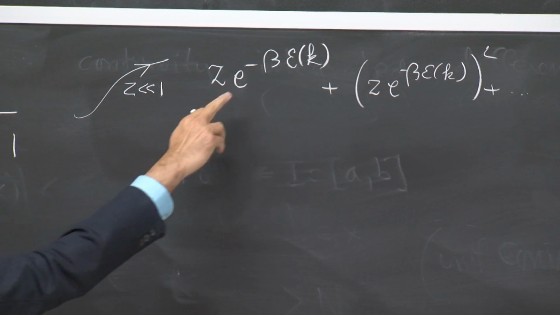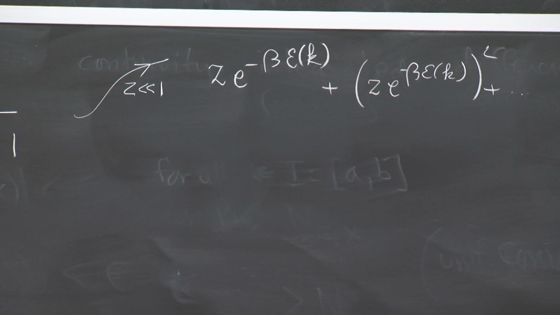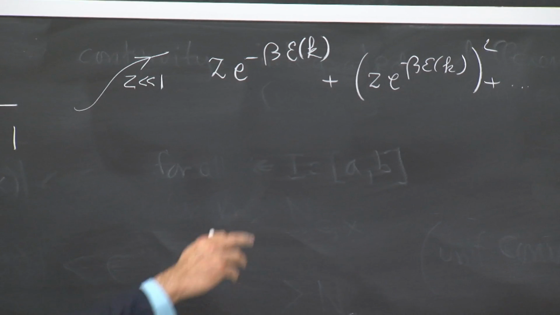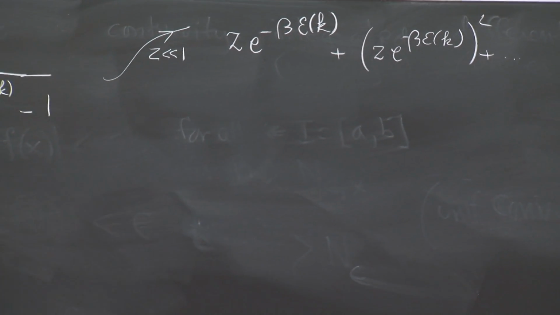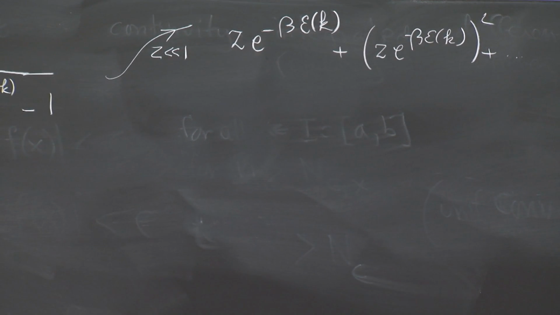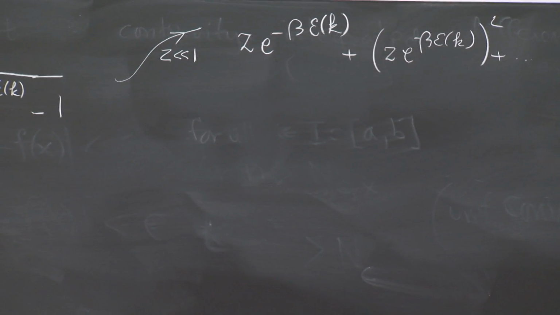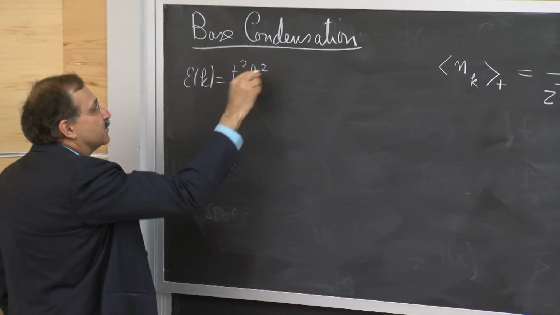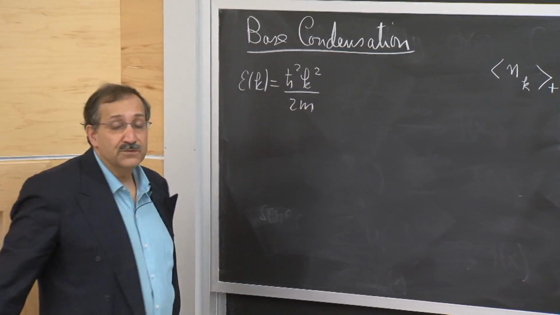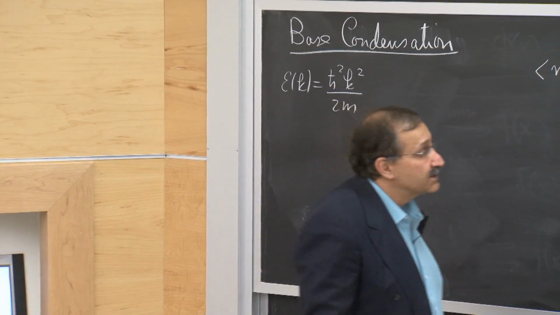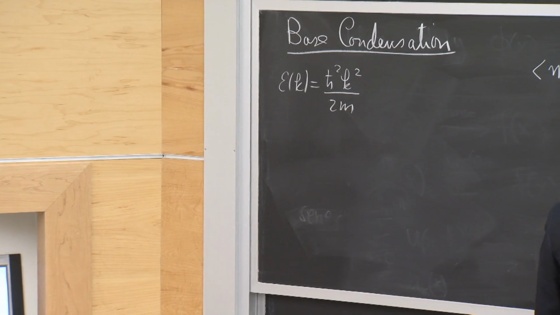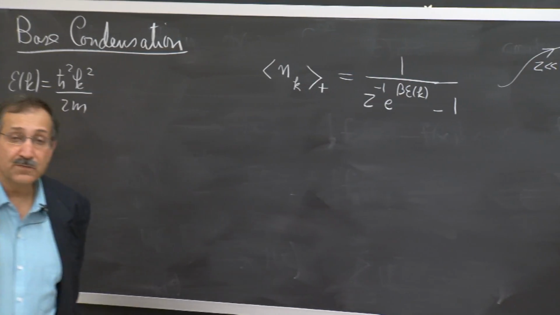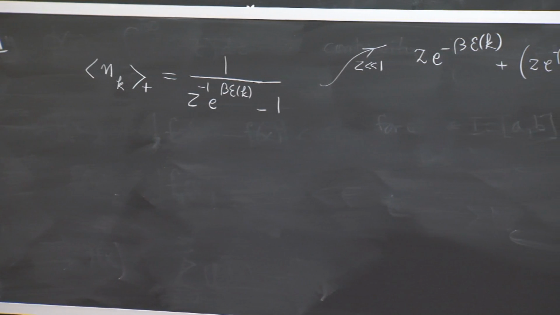But I think this is something that I mentioned. If you look at a form such as this at high temperatures, it's like a Boltzmann weight. So the state that has the lowest energy, in this case, if we say epsilon of k is h bar squared k squared over 2m, corresponding to k equals 0 for the lowest energy, has the highest mean occupation number or weight.